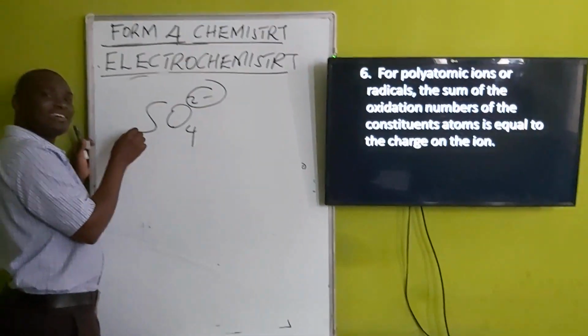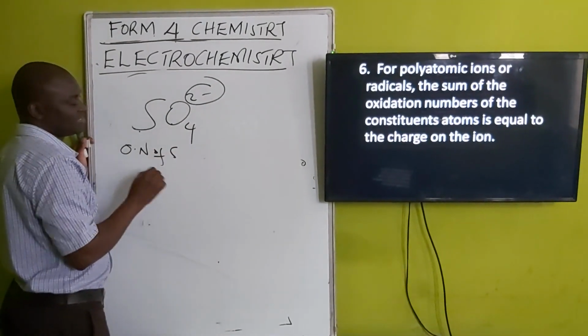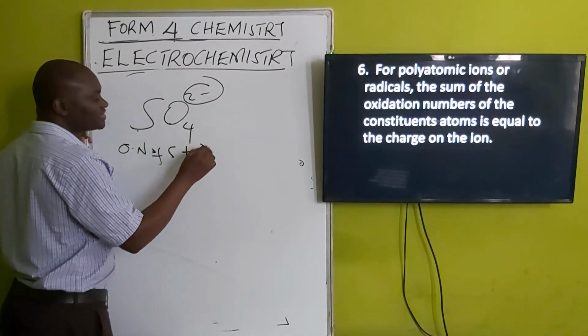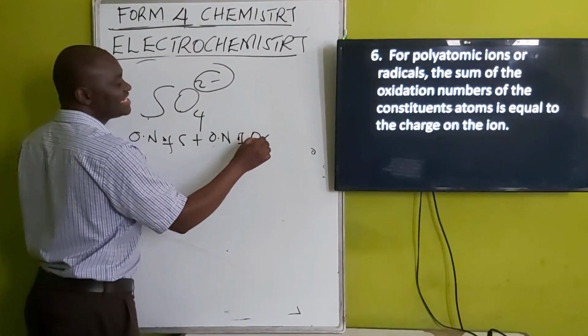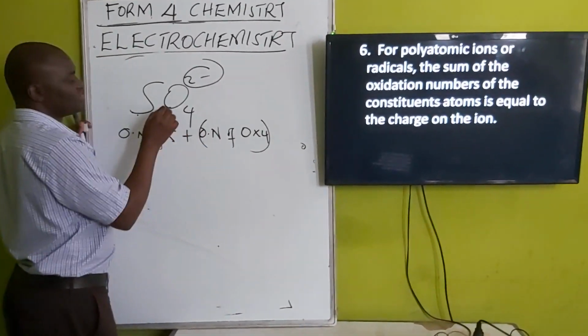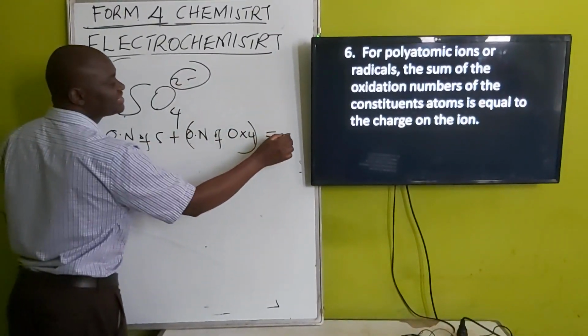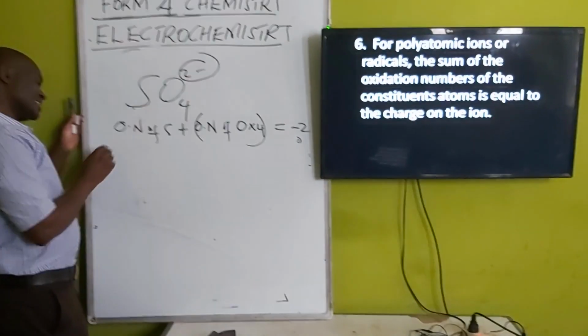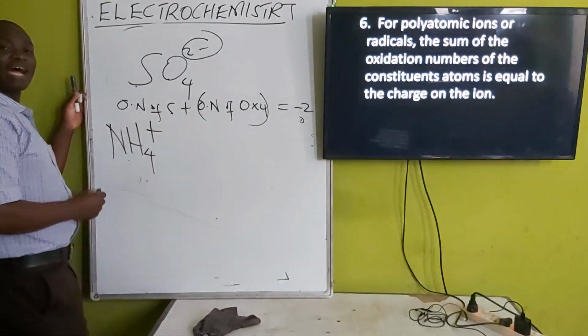So if you add the oxidation number of sulfur plus the oxidation number of oxygen times 4, because we have 4 oxygen, this one should give you the overall charge, which is -2. Take another example of ammonium, polyatomic.